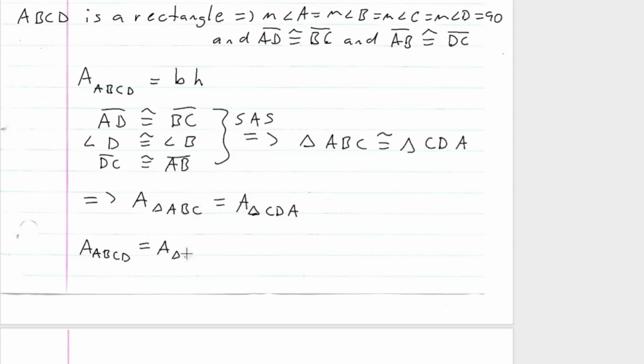It's the area of ABC plus the area of triangle CDA. Since their areas are the same, this implies that the area of ABCD is equal to two areas of triangle ABC.